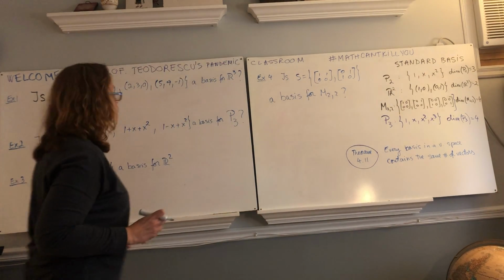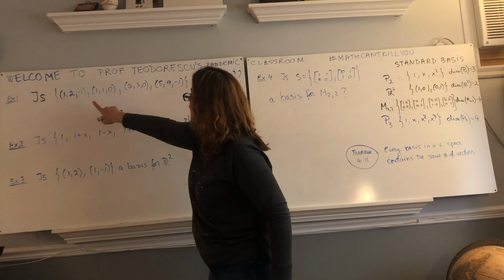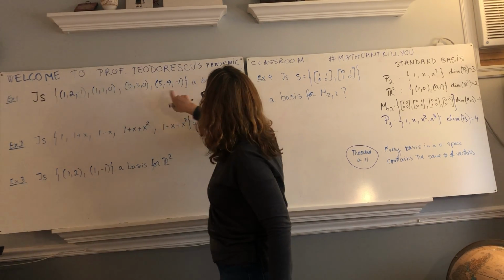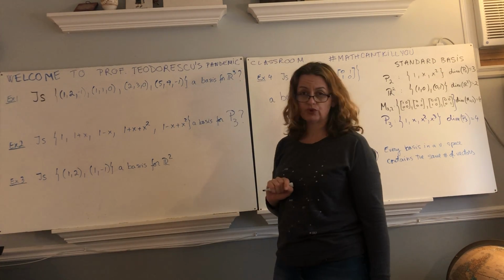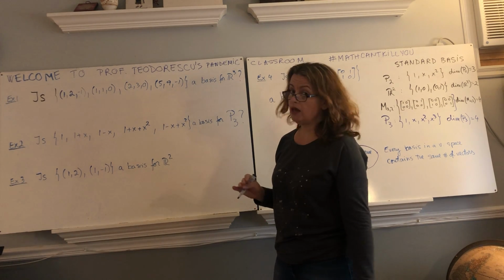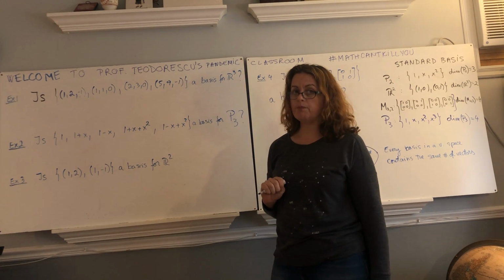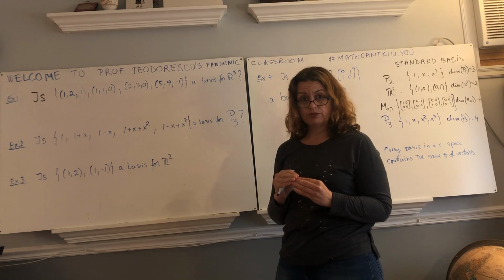Now let's look at what is and what is not a basis. Here is this set containing 1, 2, 3, 4 vectors. Do you think this is a basis for R3? Well, it might span R3, but it doesn't form a basis. It's not the minimal number of vectors that you need to span R3.